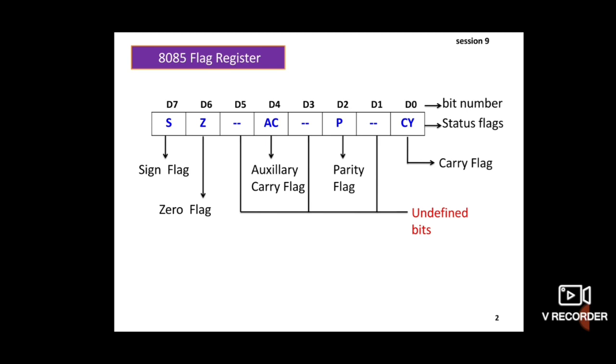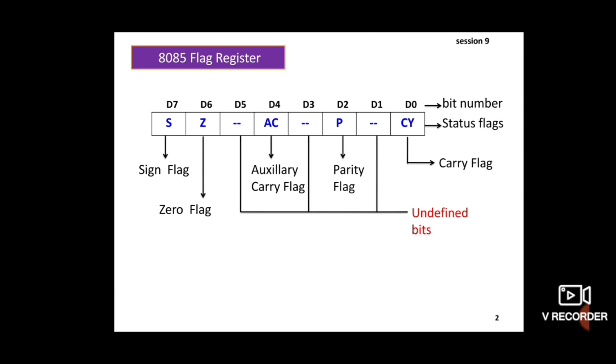These are 8-bit status: D0, D1, D2, D3, D4, D5, D6, D7. These are bit numbers, 8 bits, because 8085 is an 8-bit microprocessor. In these 8 bits, 5 flags are there, but at different locations.